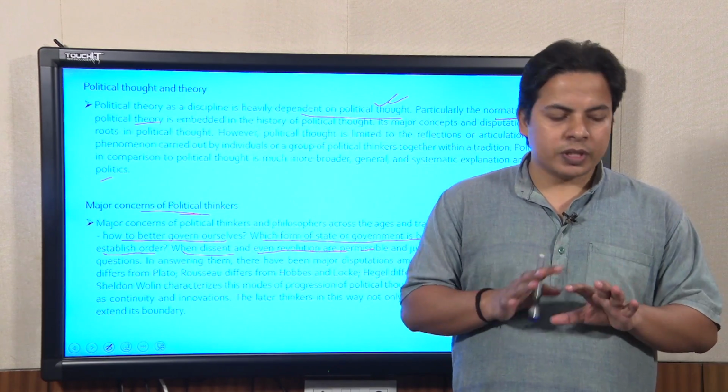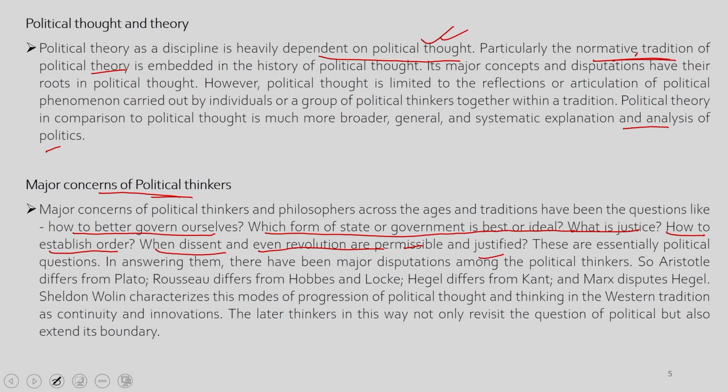There have been huge differences between, say, Plato and Aristotle, Rousseau and Hobbes and Locke, Hegel and Kant. Sheldon Wolin has characterized these modes of disputation or progression of political thought in the Western tradition as continuity and innovation.